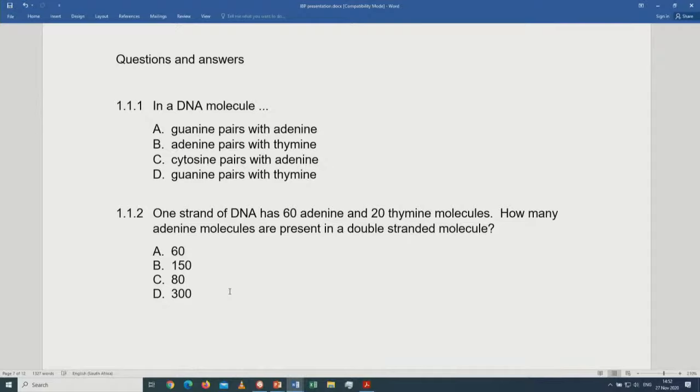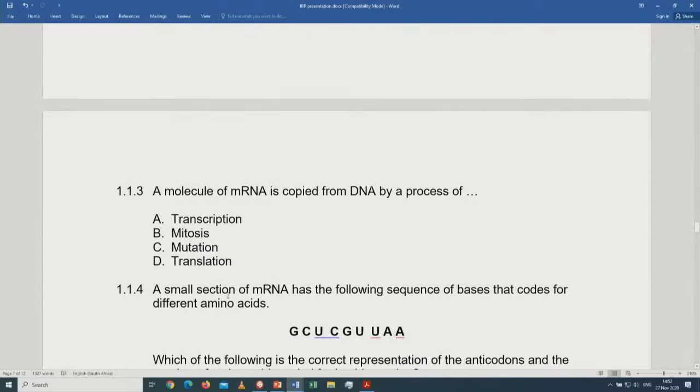And if we have 20 thymines, it means we'll have 20 adenines. So how many adenines are there? One strand will have 60 and the other strand will have 20. So our answer there will be C, which is 18.